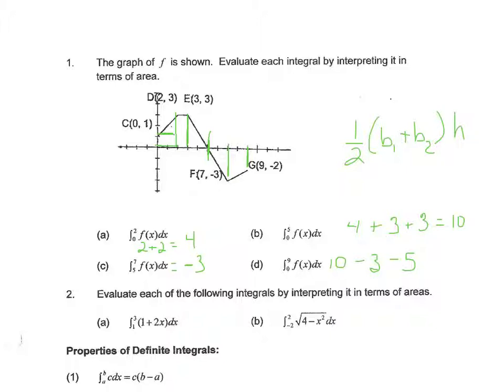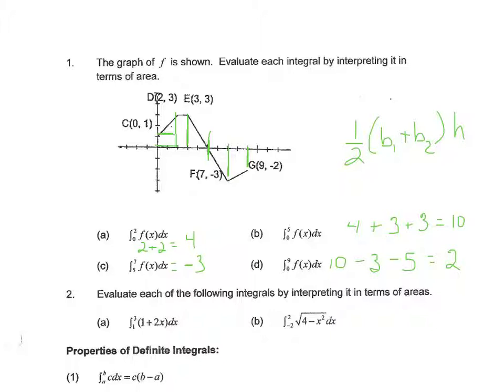Here the height's 2. This base is 2. 2 plus 3 is 5 times 2, so negative 5 is right. So this is 2. Okay, we're good. All right, we're doing okay.